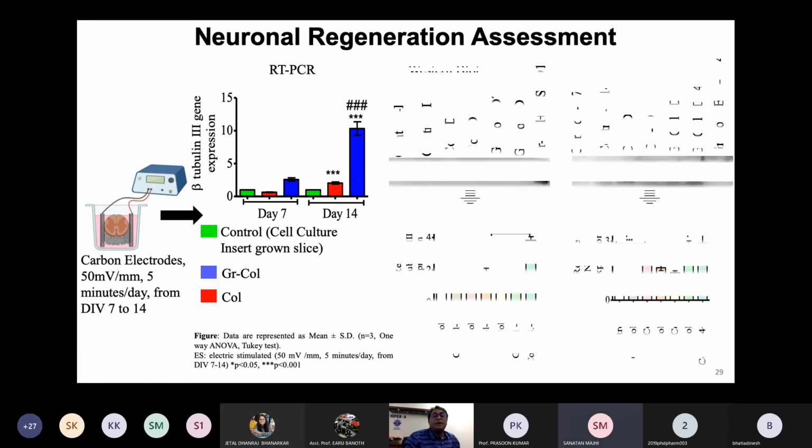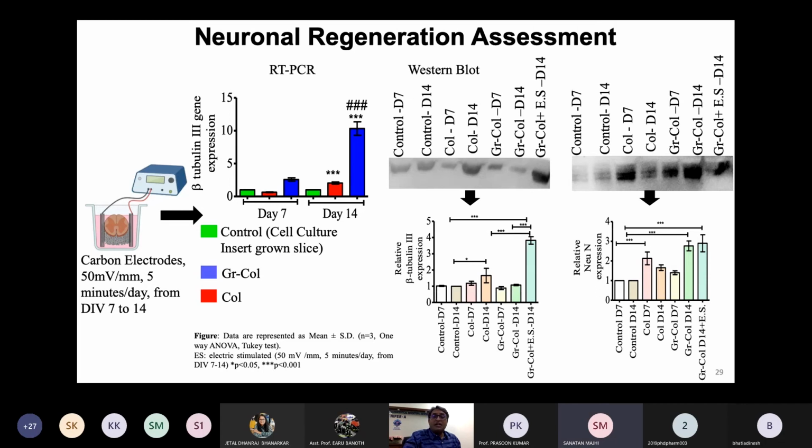Which is helpful. We did the Western blot analysis of beta tubulin 3, and NeuN is another mature neuronal marker. In both experiments, at some places we did not find a significant difference with and without current. But for beta tubulin, we found a significant difference when giving current at day 14. The same result is apparent within the various groups: GR-Col with electric current at day 14 shows a very thick band of beta tubulin.